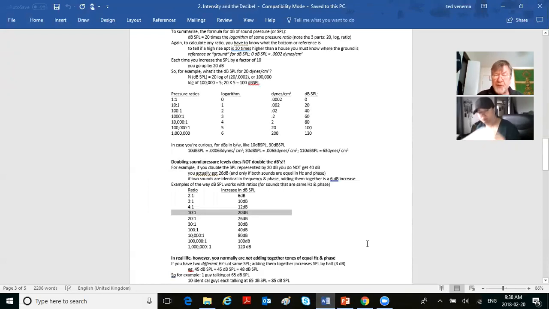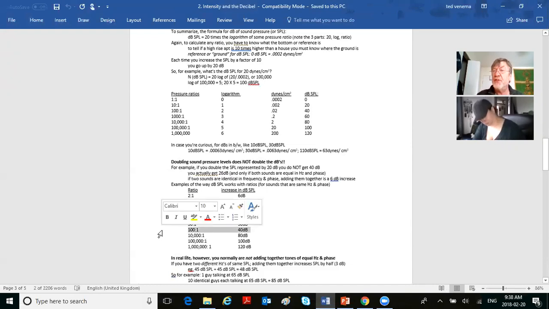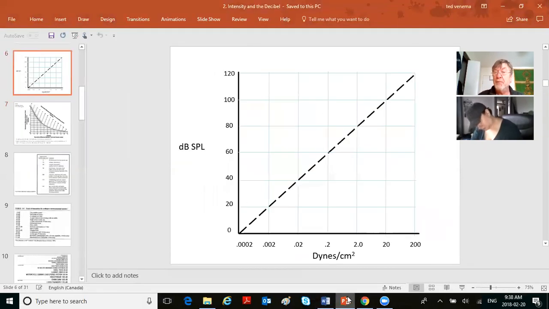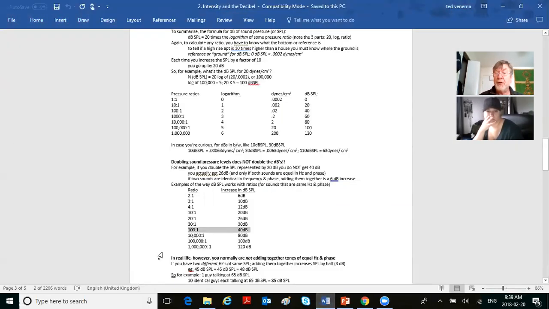And so put a star by the 2 to 1, the 10 to 1, and put a star by the 100 to 1 sound pressure increase, because that also corresponds with this picture over here. Okay? If I've increased my pressure by a factor of 100, I've gone up 40 dB. And you'll see that right here. Okay, if I've increased my pressure by 10,000 or 100,000, etc. Now you get the picture.